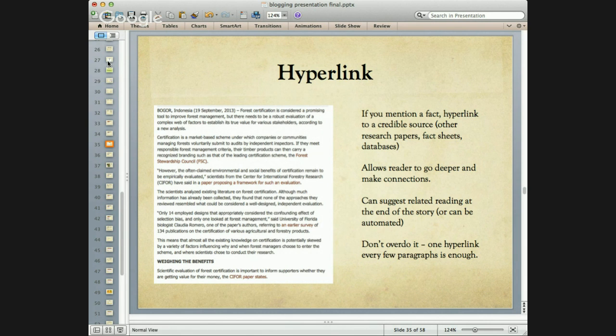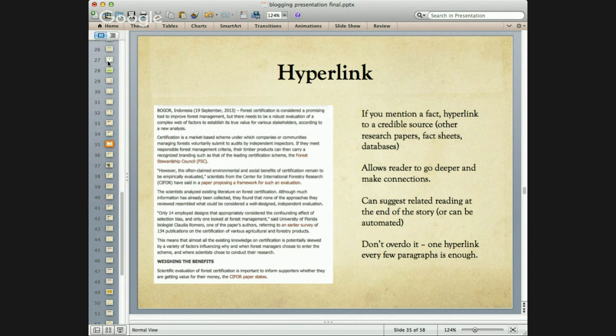What it does is it allows the reader to go deeper. If they want to know more about a specific paper you've referenced or a stat you've referenced, they can by clicking on the link and reading about it. So give them that pathway if they want to learn more. It also allows them to make connections between different bits and pieces. So you might be pulling together a whole bunch of different findings into a story to talk about a specific area of science.